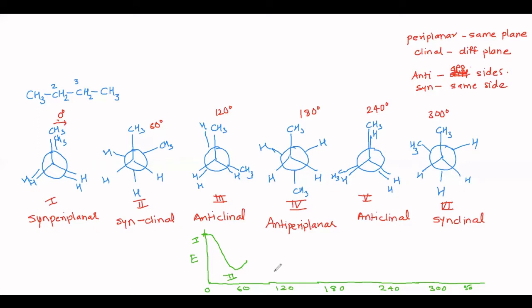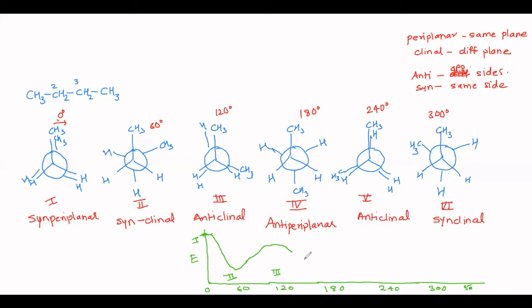Now we'll talk about the third conformation. In the case of the third conformation, again it is coming to the eclipse, but this eclipse and the first eclipse are different, because in the case of the first eclipse, there is more repulsion between the two methyl groups. In this case, there is less repulsion. And that's why in this case, though the energy level is increasing, it will not increase to that level. It is lesser than that.